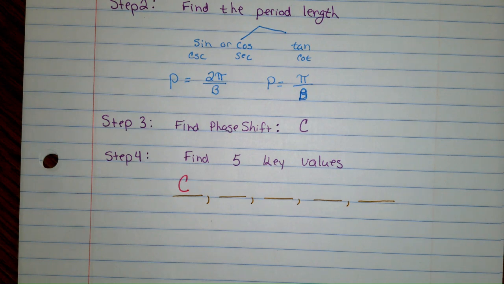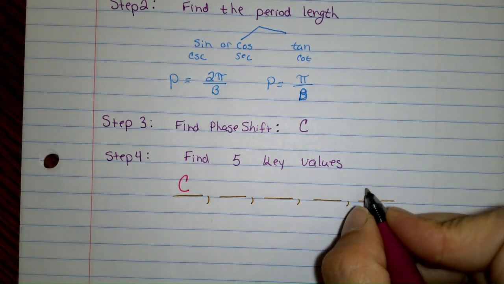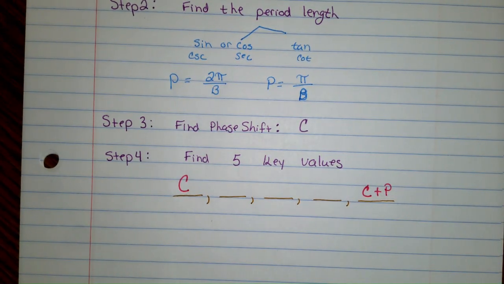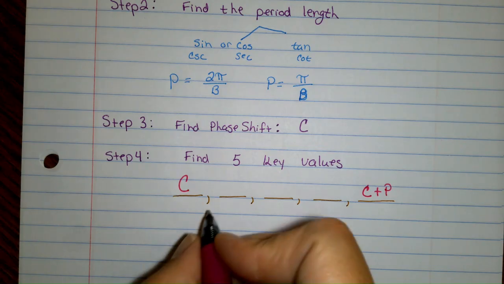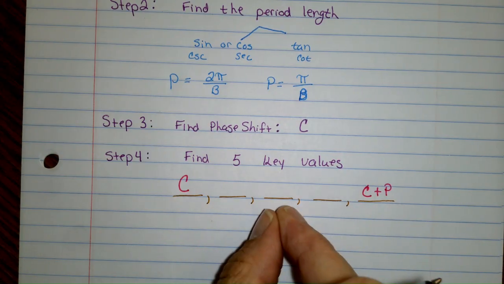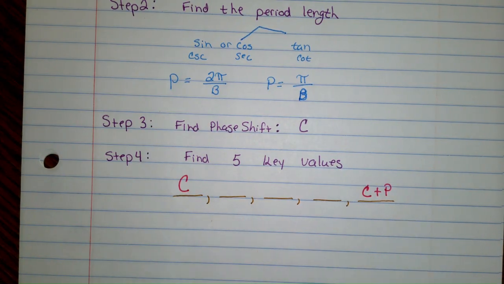C, your phase shift, is going to go right there. C plus P is going to be there. And then you're just going to do middle, middle, middle to get your other numbers.